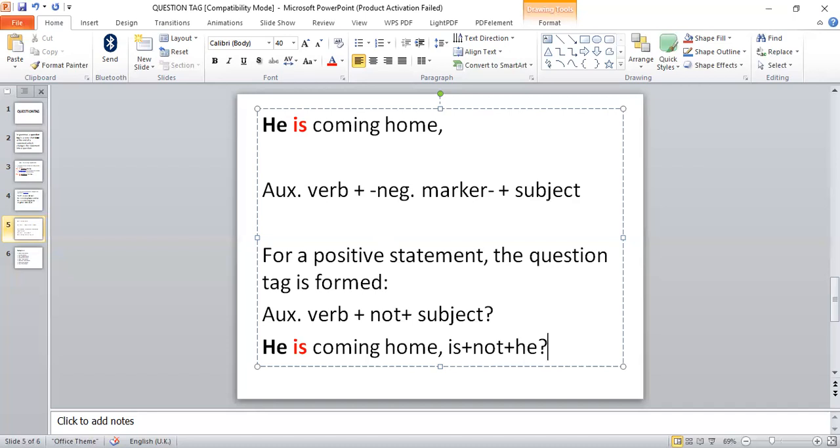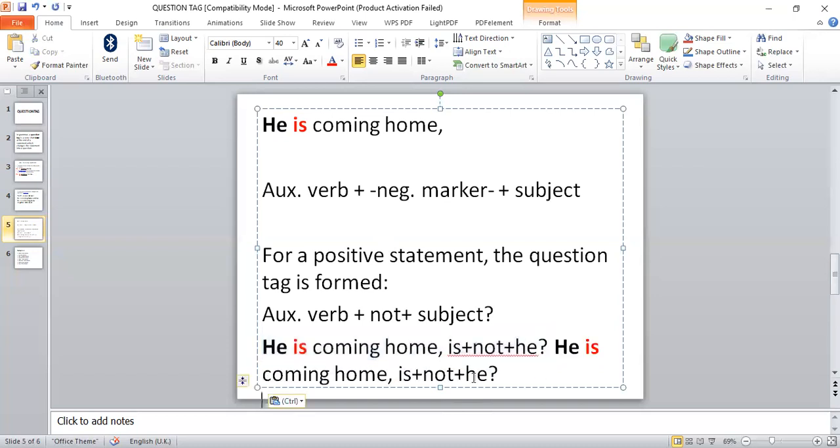Now, because in the English language, for things like this, we need contraction, to better simplify it, I remove this, I replace it with this, and then I have this. So this will be my question tag.